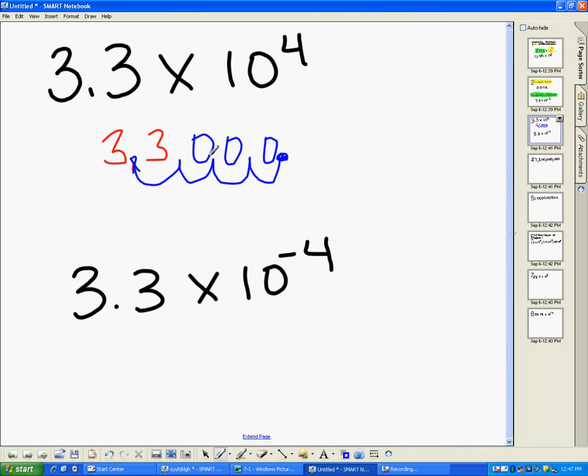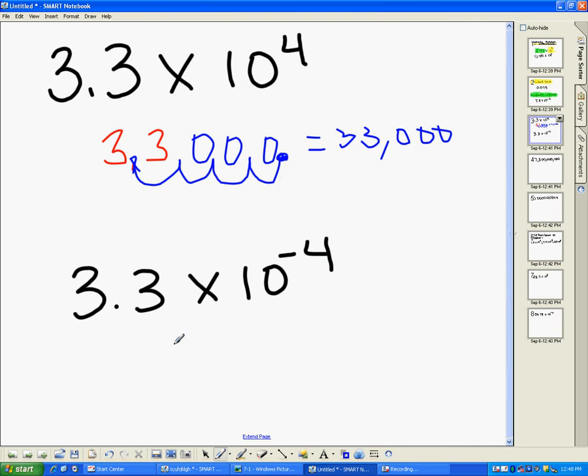So that means that 3.3 times 10 to the power of 4 in standard form is 33,000. And if you actually multiply it out, 10 to the power of 4 is 10,000, and multiplying it by 3.3, you end up with 33,000. So this is a quick way of multiplying.